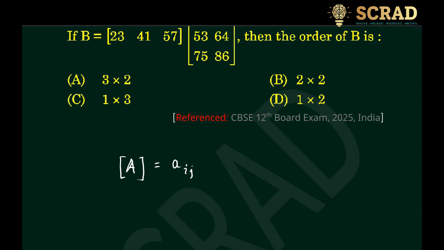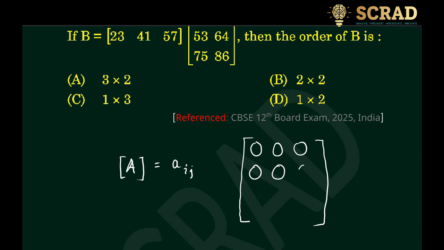So what is a matrix? A matrix is an arrangement of elements in a two-dimensional array. Two-dimensional array means it will have columns and rows, and every element of the matrix is identified based on its column index and row index.